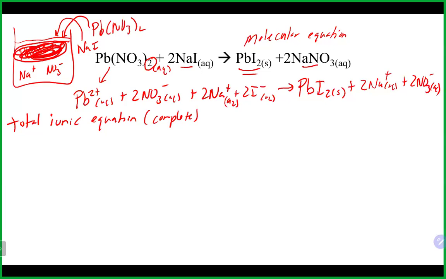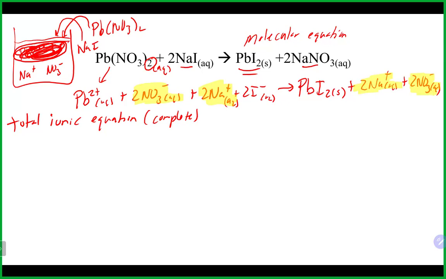So for example, here we have 2 nitrates, and we also have 2 sodiums. And those are exactly the same. You'll also notice if you do this equation correctly, you'll have the same amount of those ions on each side. So I have 2 on each side of each of those.